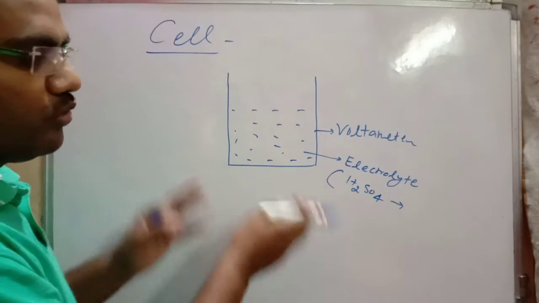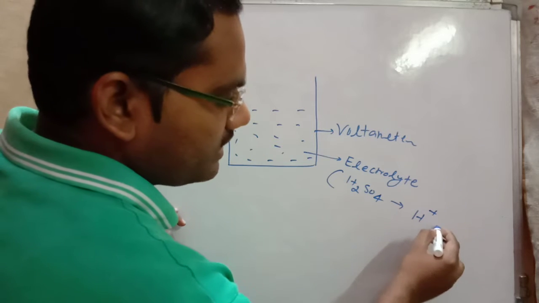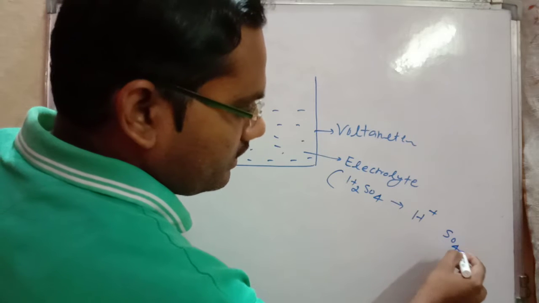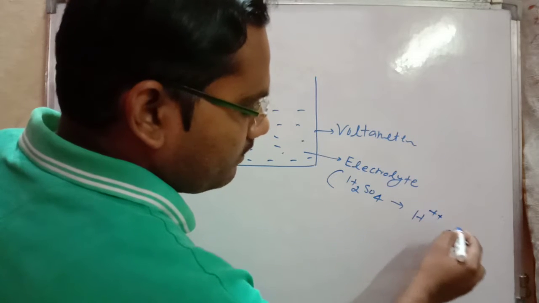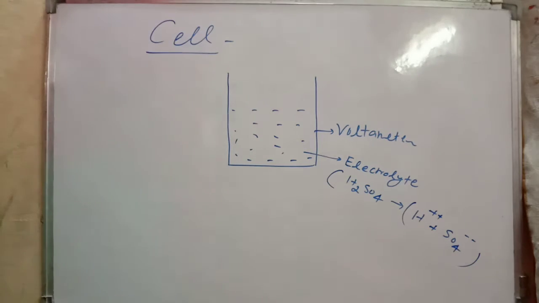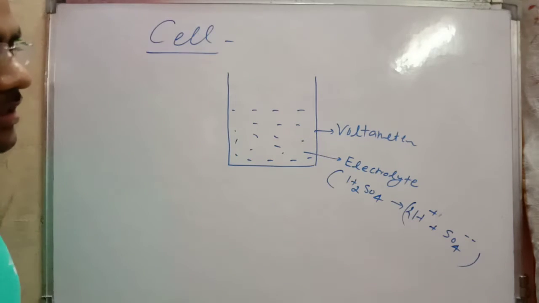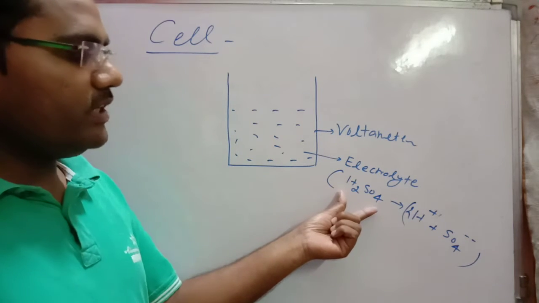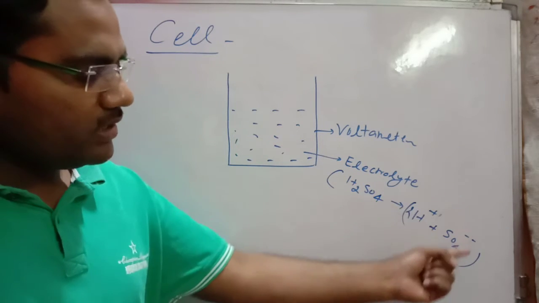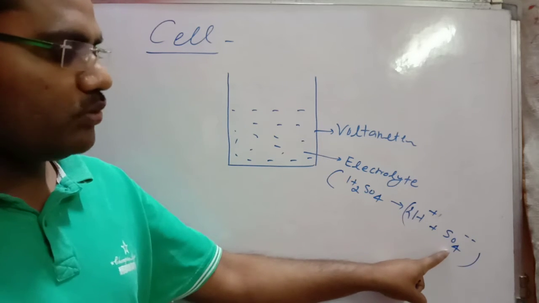When H2SO4 dissolves in water, it converts into H+ ions and SO4 2- ions, two H here. That means when sulfuric acid dissolves in water, it breaks into its ions. This one is the positive ion, this one is the negative ion.